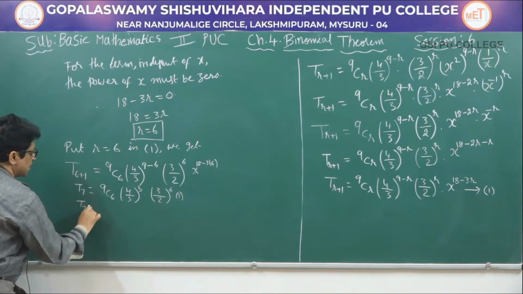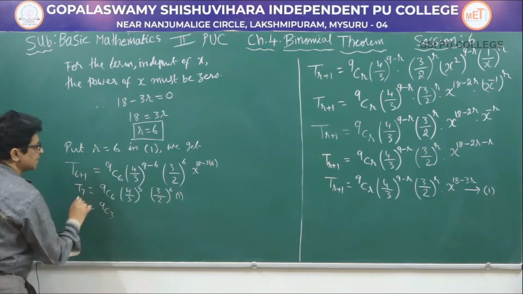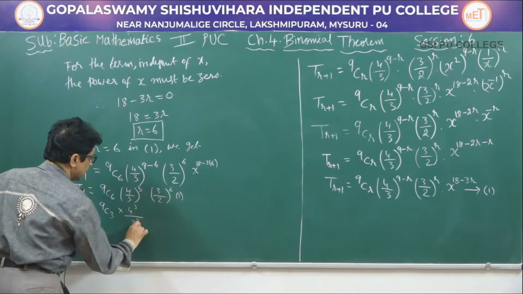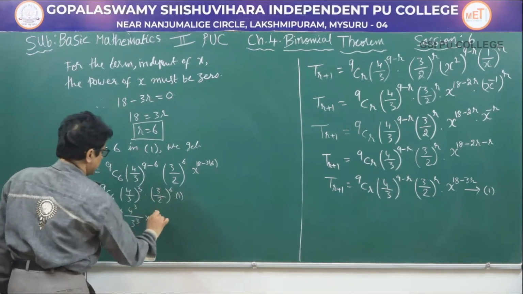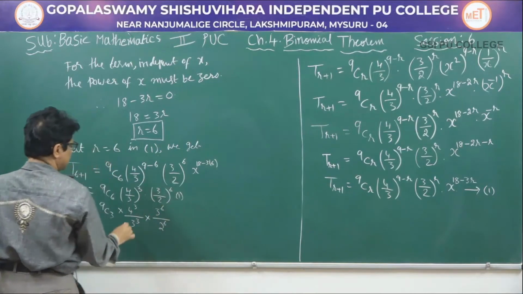So T7 is equal to 9C6, which can be written as 9C3, into 4³/3³ into 3⁶/2⁶.